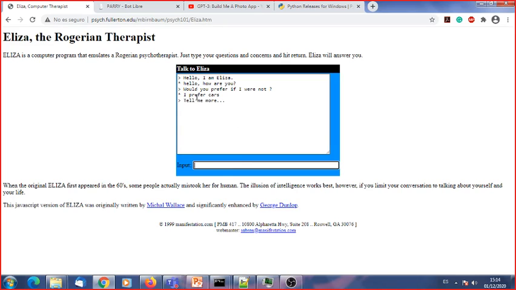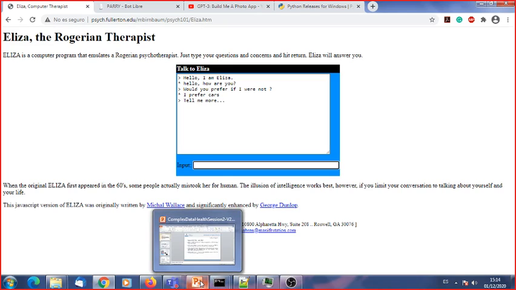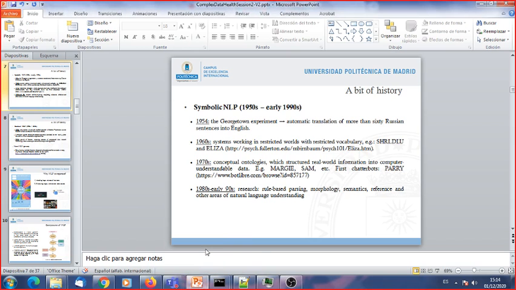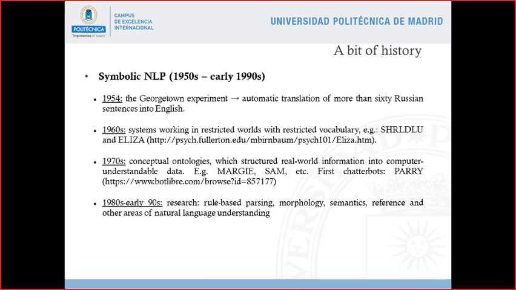Because I talked about myself, she answered properly. But if you go outside this vocabulary, Eliza starts to give you some strange answers.